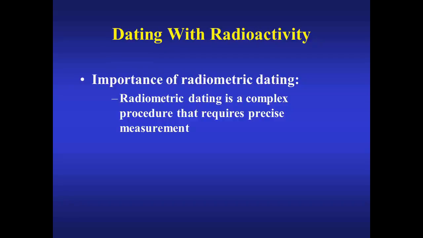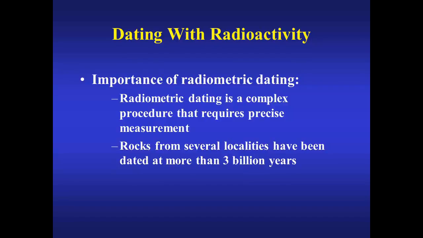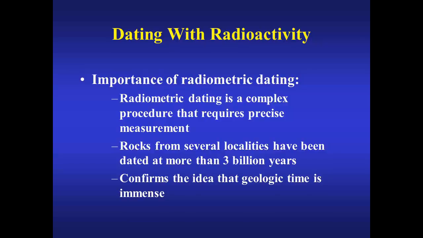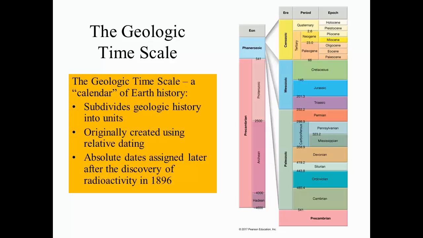So in summary, dating with radioactivity, radiometric dating, is a complex procedure that requires precise measurement. Rocks at several localities have been dated at more than 3 billion years old, and this in turn confirms the idea that geologic time is immense.